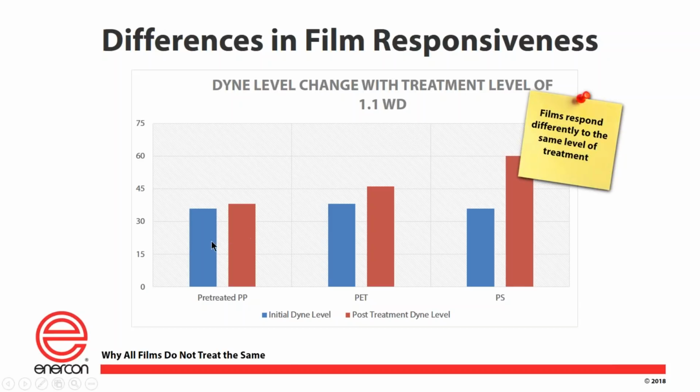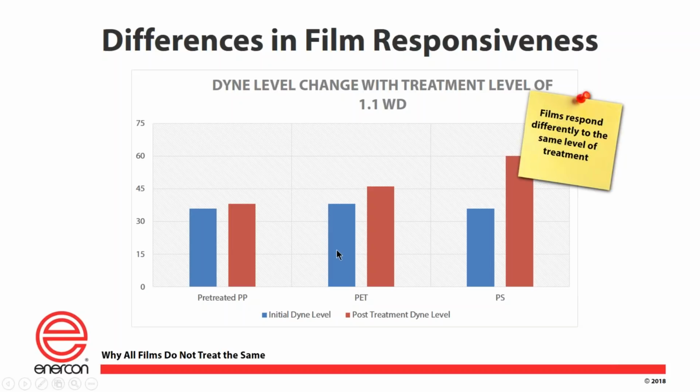When I treat pre-treated polypropylene with this watt density, we net not much of a result. At a 1.1 watt density, we might be up to 33, 34, 35 dynes, something like that. Not particularly encouraging. Same power density, but now I'm going to treat polyester. The polyester, if you note, started off a lot higher.